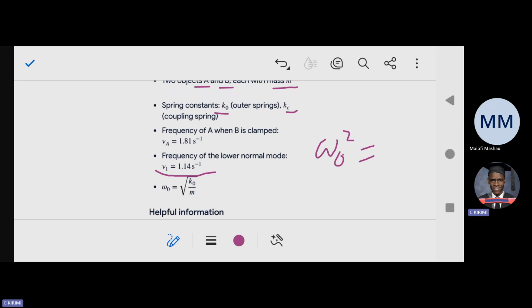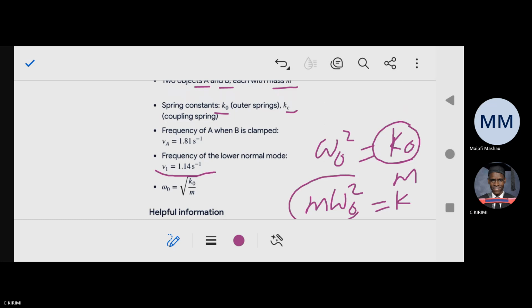Omega naught squared, always, it's K naught over M. Then that day we were replacing where there is Kx on the spring. That's where we came and replaced with the M omega naught squared on your assignment. That was question 3, right?